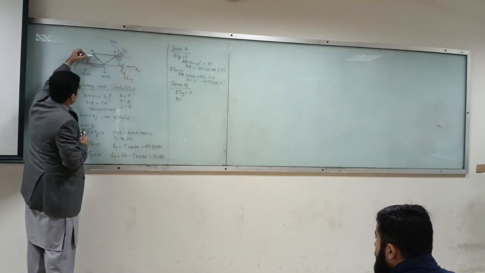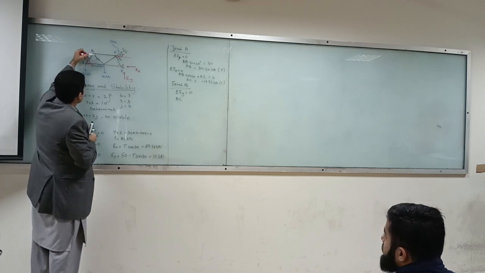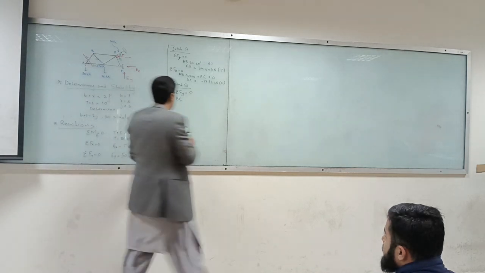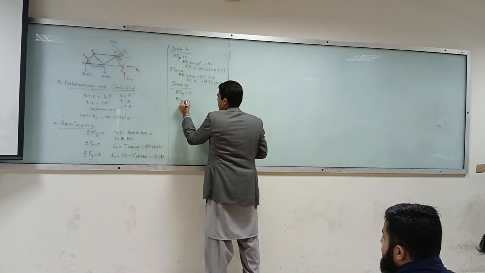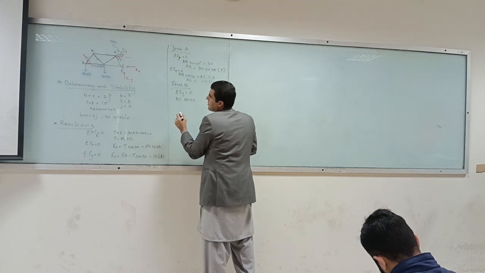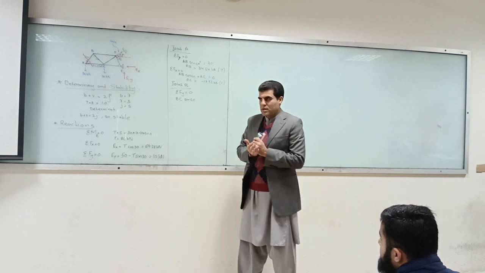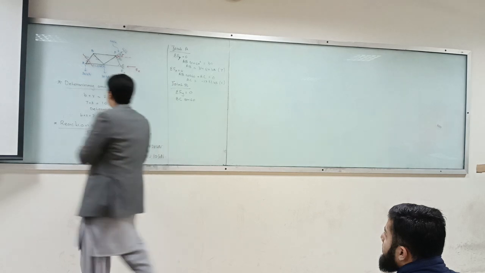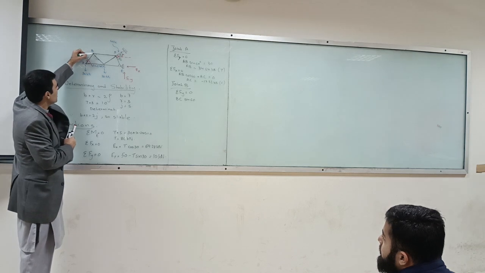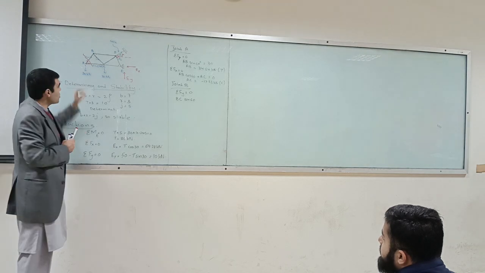BC sine of 60. Look, first of all, I told you that we always consider that this is away, so away from the joint.